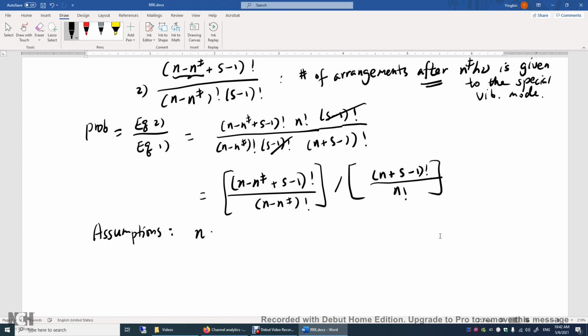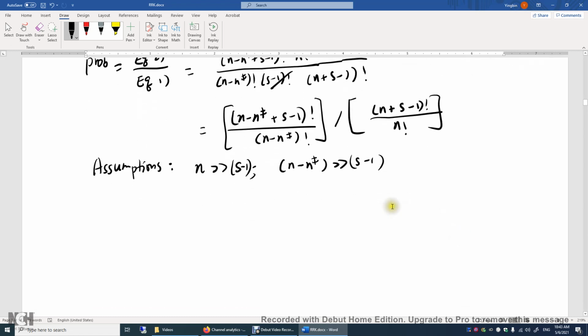So we're going to assume N is much greater than S. Not only that, even N minus n double dagger is much greater than S. So that means we have many more energy quanta than the number of vibration modes. Well, you can just say this as well, if you want to be a bit more precise with stating the assumption.